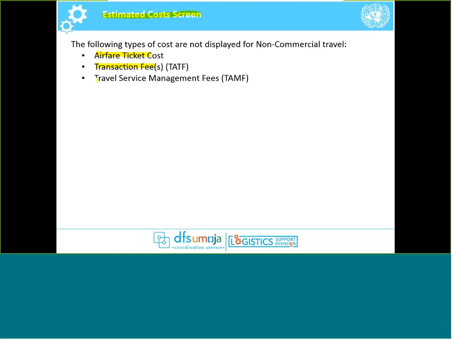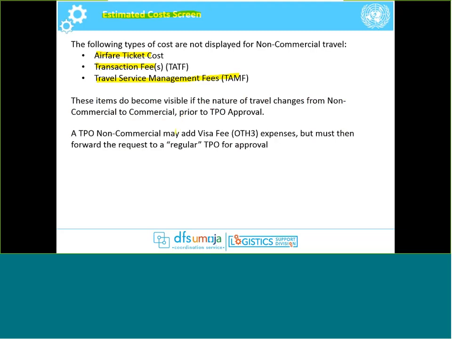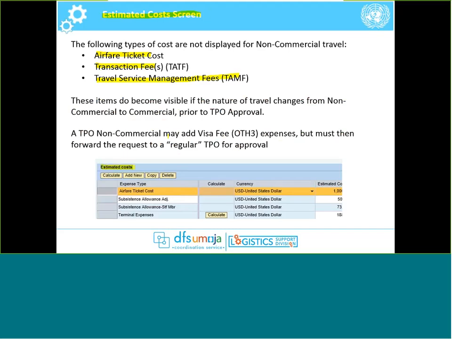These types of expenses will not be allowed for them because remember that TB20s don't purchase any ticket, and these expenses are only related to commercial tickets. So it doesn't make sense for the TB20 to be able to add these expenses. Remember, this is in the estimated cost screen.